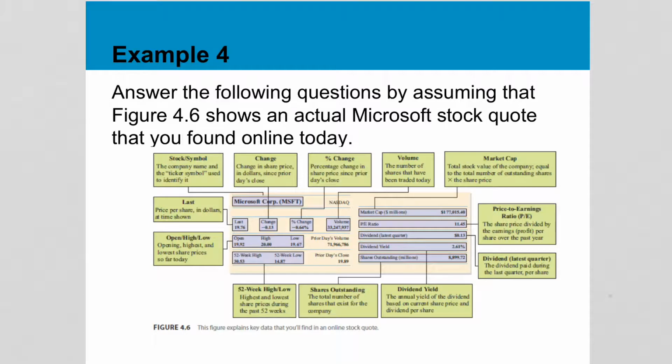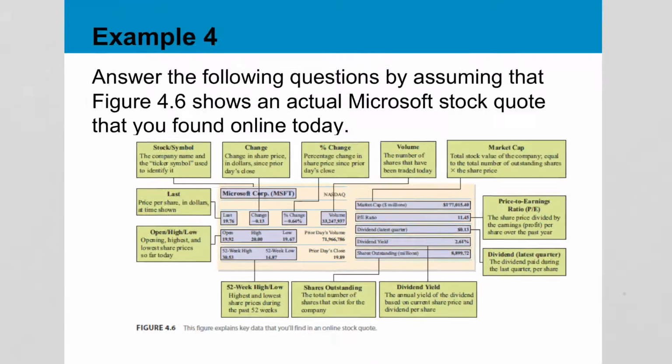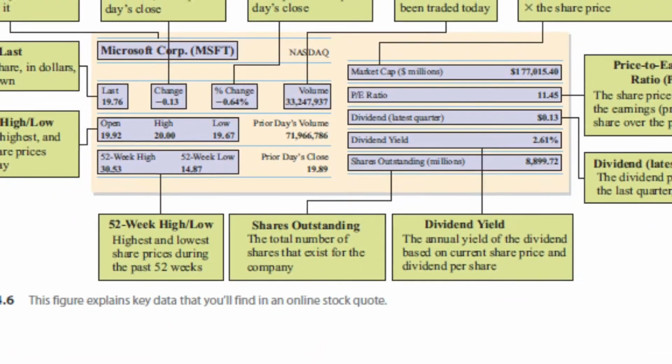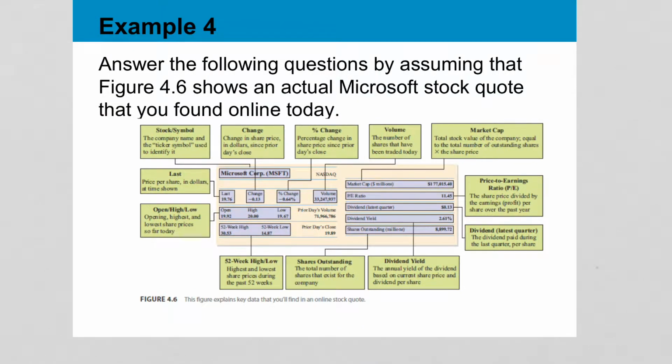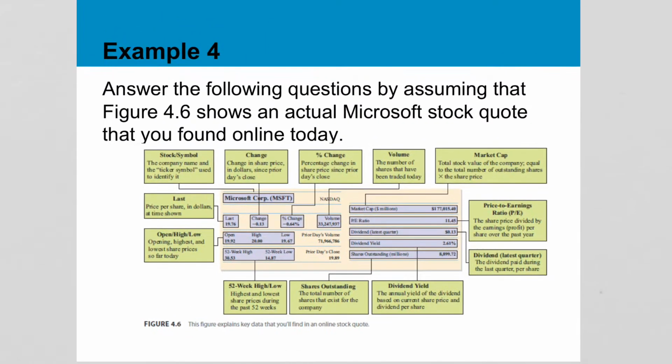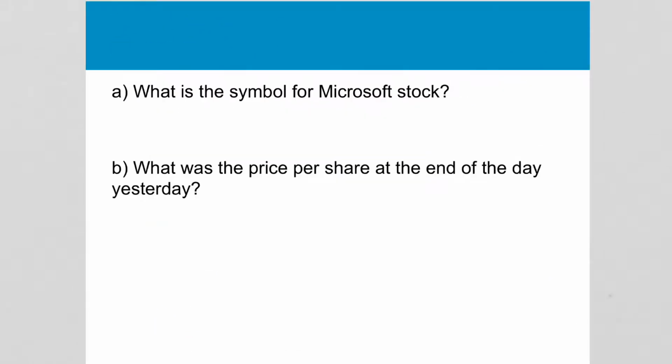Example 4, we're going to learn how to look at a stock quote. This is a Microsoft stock quote that you found online today. Well, obviously not today, but we're assuming it's today. Okay, so all the little green are just pointing out stuff. This is what the stock looks like, that yellow part there. And the green's just pointing out what's what. So we've got several questions.